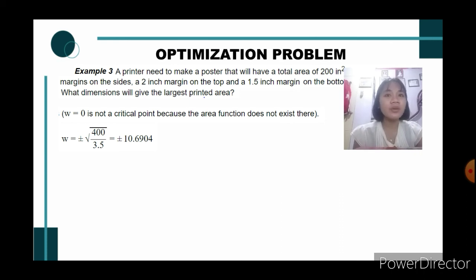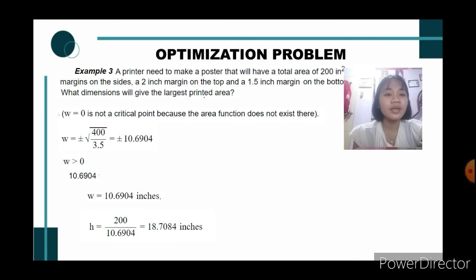The height of the paper that gives the maximum printed area is then h equal to 200 divided by 10.6904. Simplify natin, ang magiging h na is 18.7084 inches.